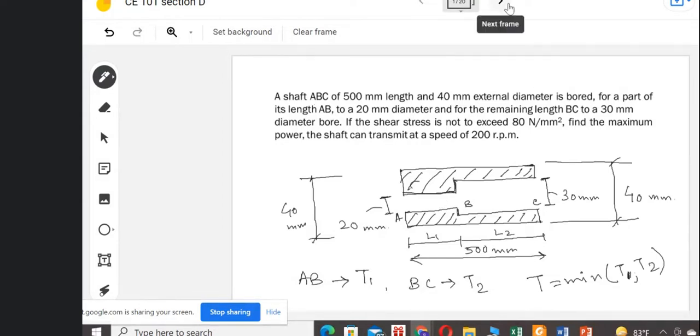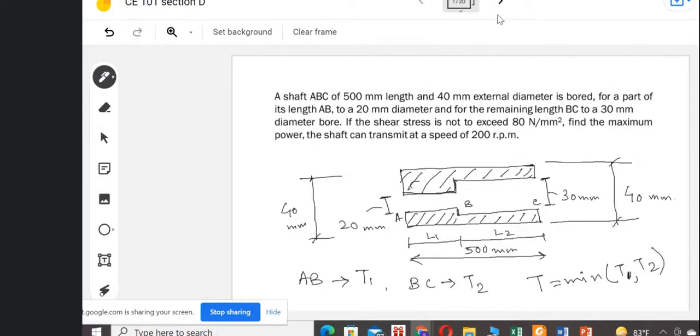What is the expression of torque? Is it becoming very difficult?